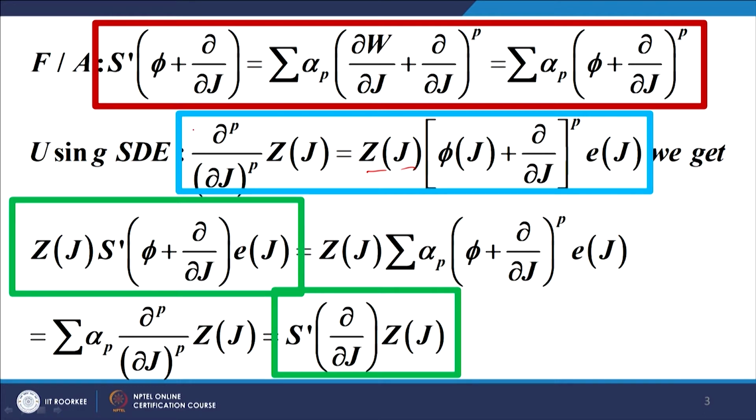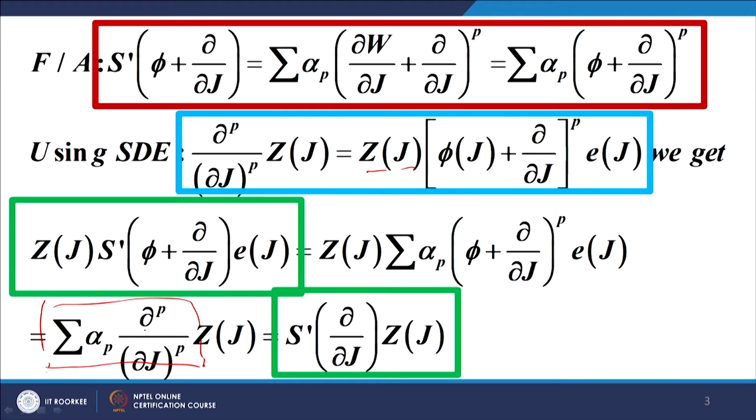And when we have that summation, alpha p, this expression becomes S dash d by dj, because this expression when multiplied by alpha p and summed over p will give me this expression right at the bottom of your slide. I am encircling it as a box.